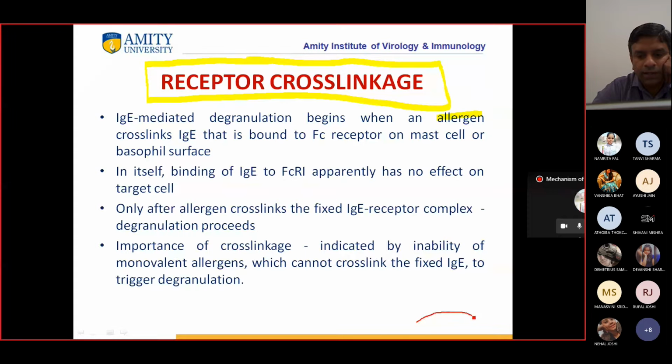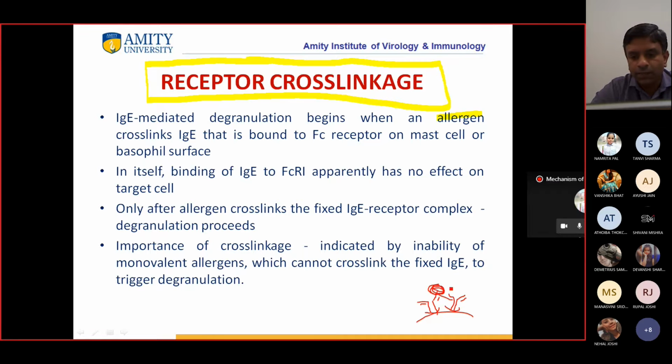So you have a cell, on the cell you have these receptors, on these receptors you have IgE molecules, right? And as I said, there should be cross linkage. Okay, so when an allergen comes and binds to these IgE molecules, now you can see they are cross-linked.